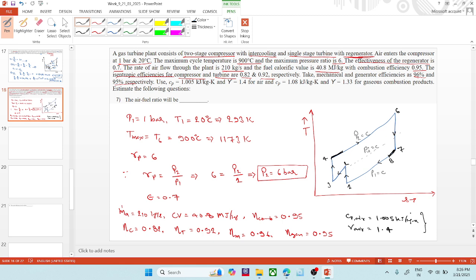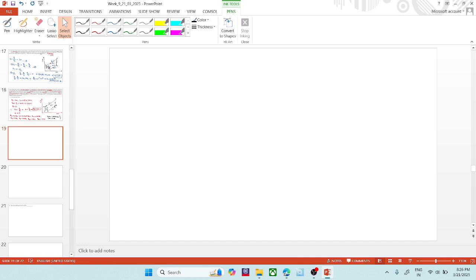The same values we have to use for the combustion products or flue gas: Cpg is equal to 1.08 kilojoule per kg Kelvin, and gamma of gas is 1.33.